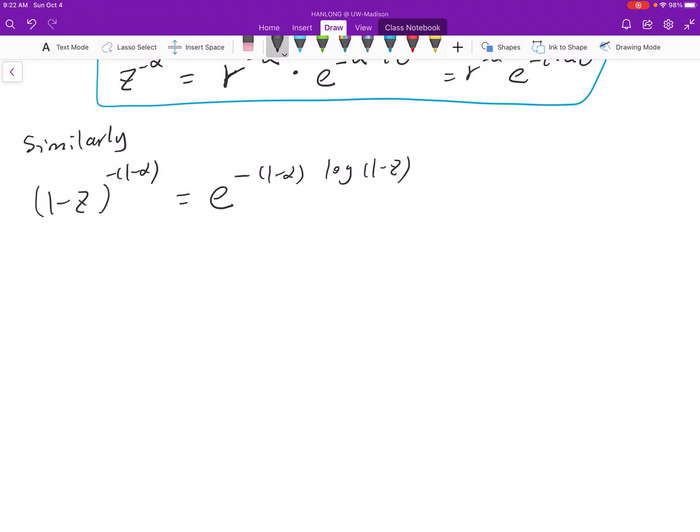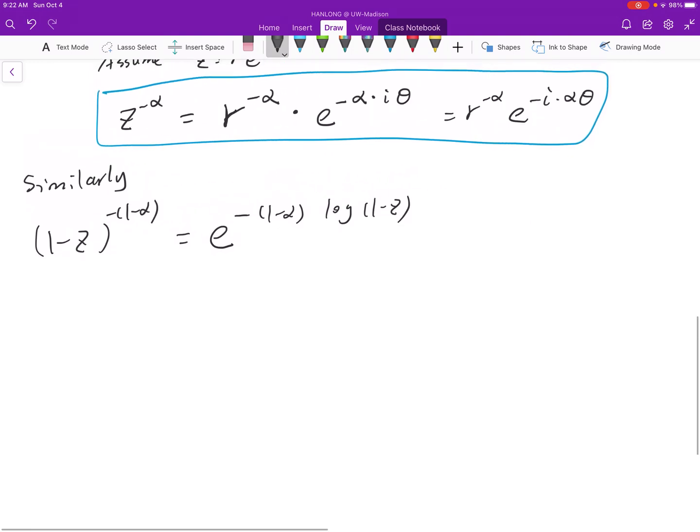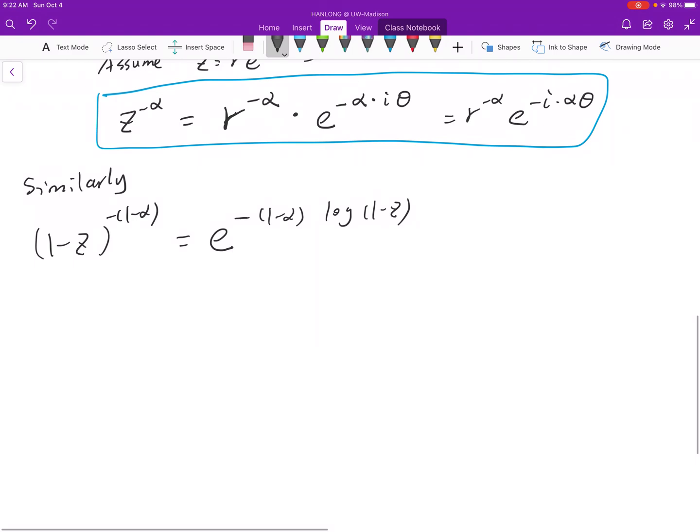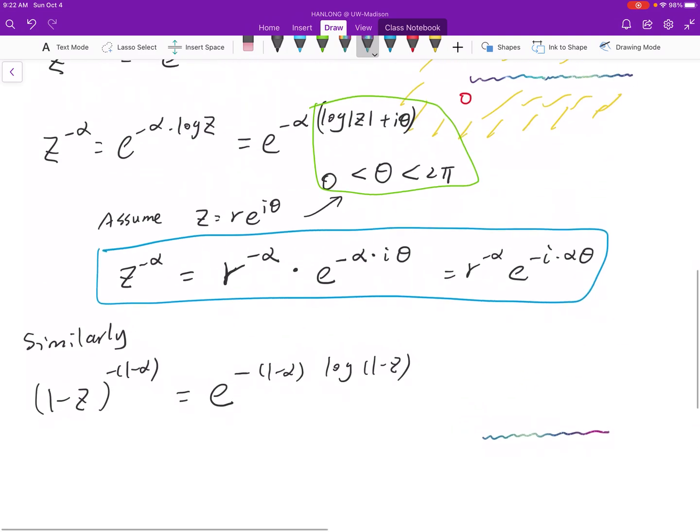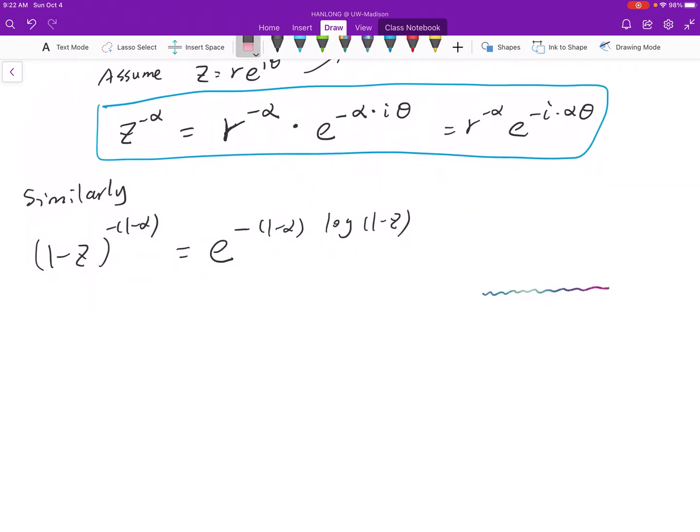Then we need to take the branch for log 1 minus z. So here, for convenience, we take the following branch for z. Here you have the point 1.